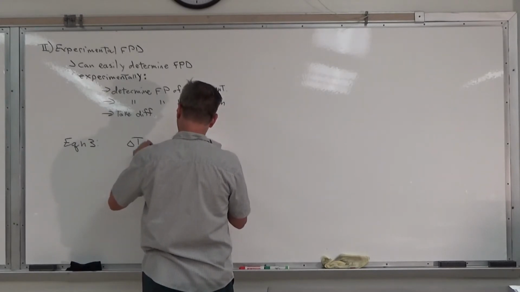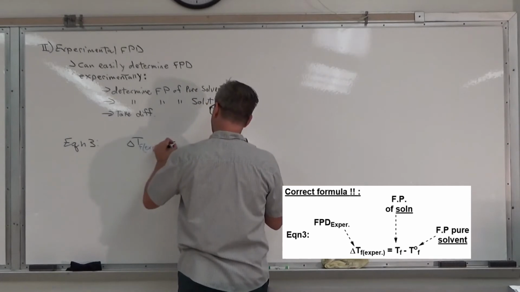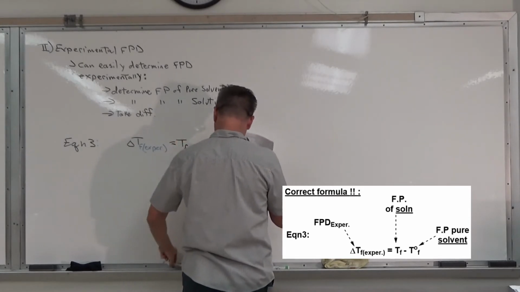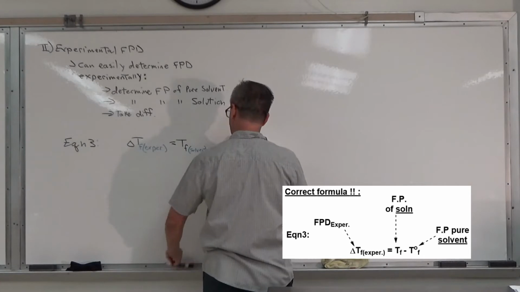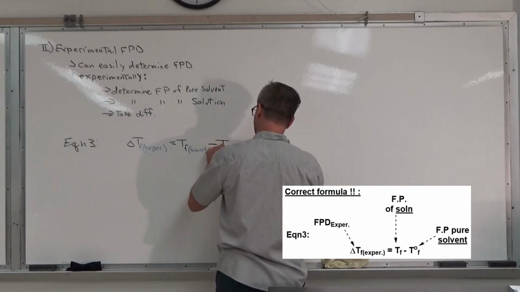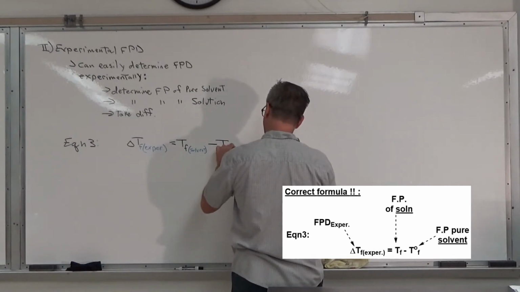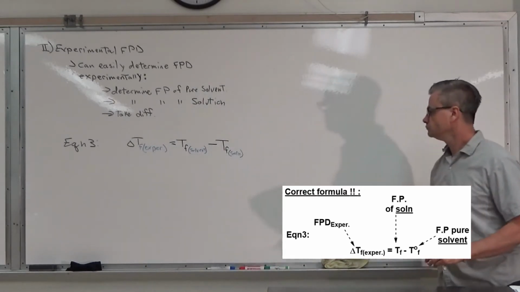Delta T exp equals T f for the solvent, minus T f of the solution. Okay? All right.